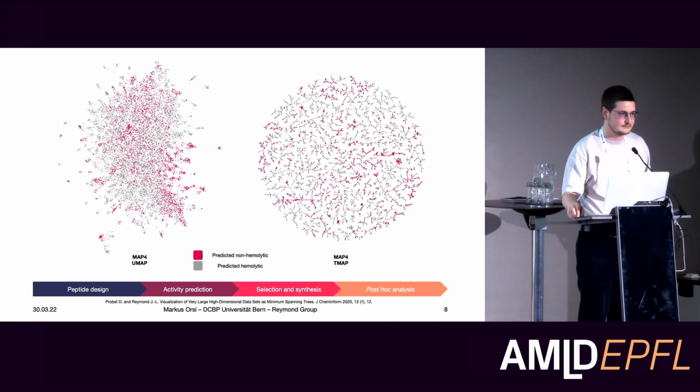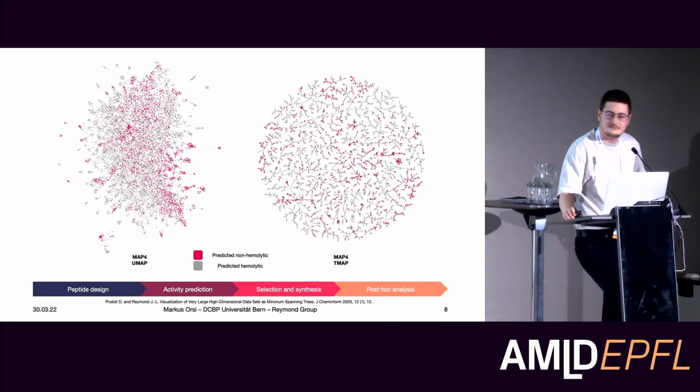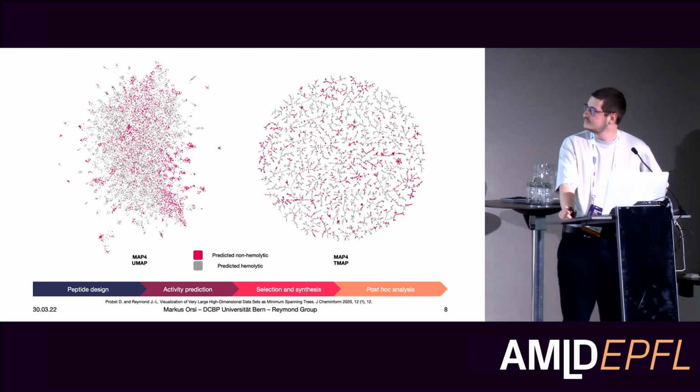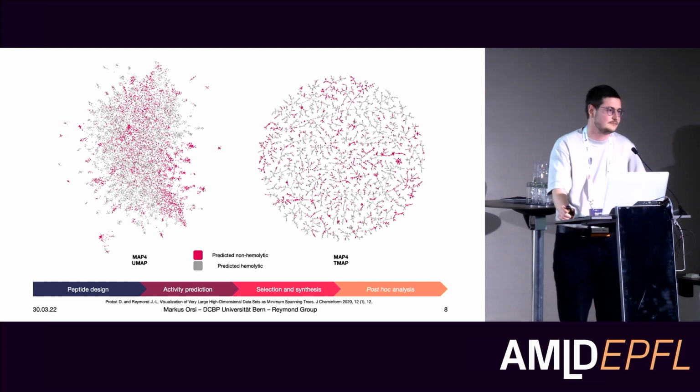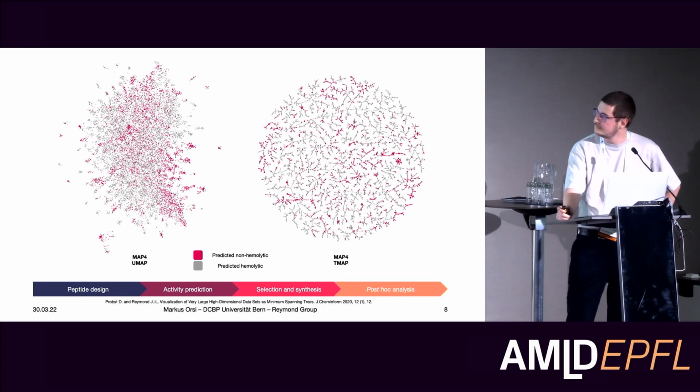Thank you. Very interesting talk. I also have a question about this representation. As I see, you showed here that this hemolytic or non-hemolytic property is spread in the space. But I wonder if you thought about other properties that could form some groups in this space.